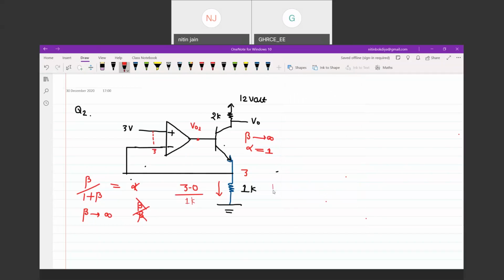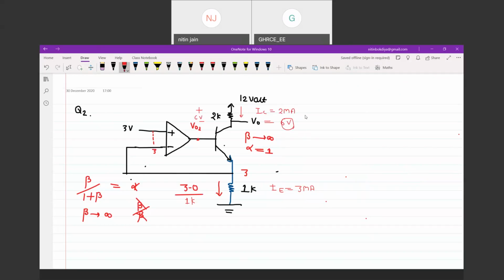So the value of IE for the circuit is equivalent to 3 milliampere. And if this is a high beta transistor, IE is 3 milliampere means IC is also equivalent to 3 milliampere. If IC is 3 milliampere, the potential drop here will be 6 volt. The applied potential is 12 volt and 6 volt is dropped across the resistance. So the value of V out is equivalent to 6 volt. So this is one of the answers for the question.